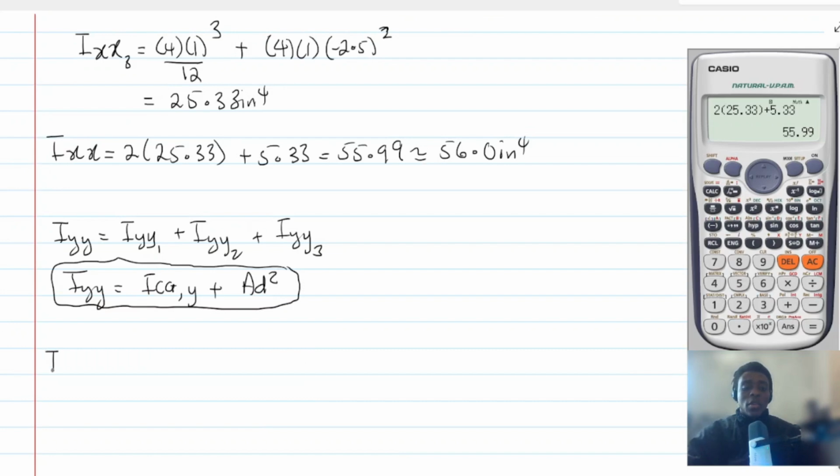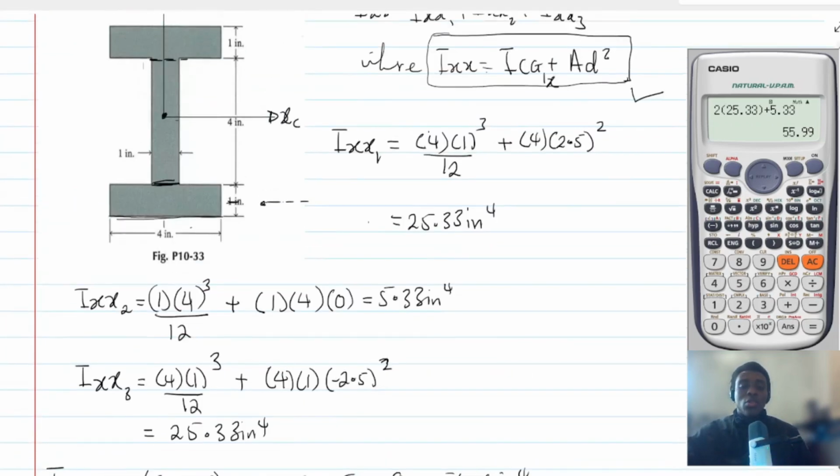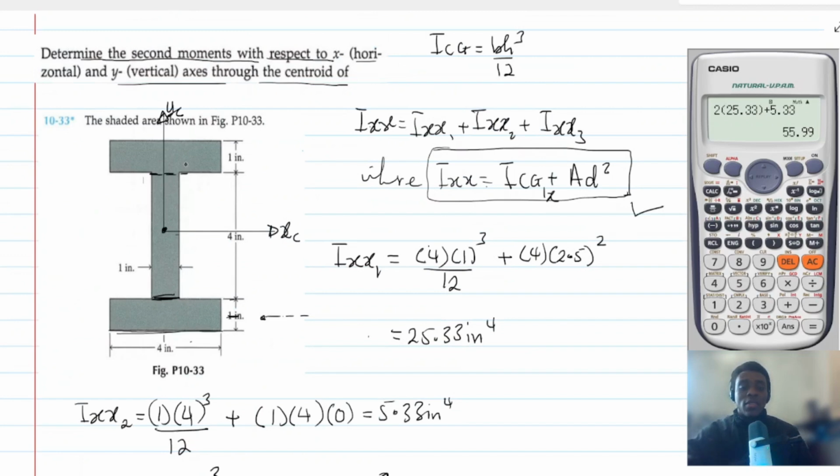So let's begin. Iyy1 is going to be what? So we just have to look at it. That is to say 1, 2, and 3. So for the first figure, the centroidal, instead of BH cube over 12, this time round it is about the y.